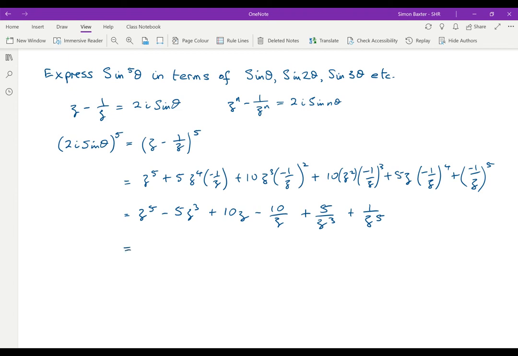Okay, let's pick out what goes nicely together. Sorry, I have gone wrong here. Minus to the power 5 is minus. So there we have z to the 5 minus 1 over z to the 5. That's quite useful.